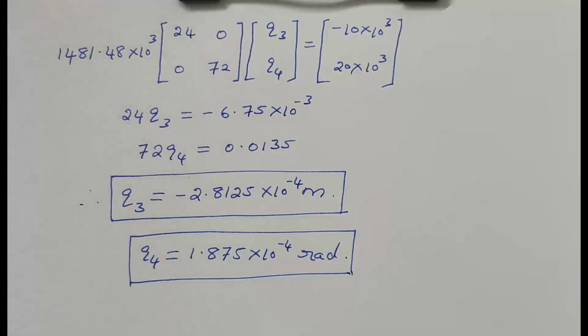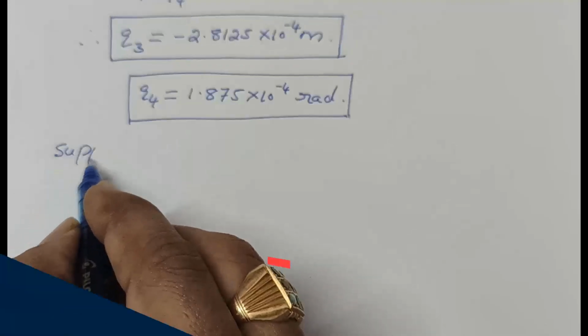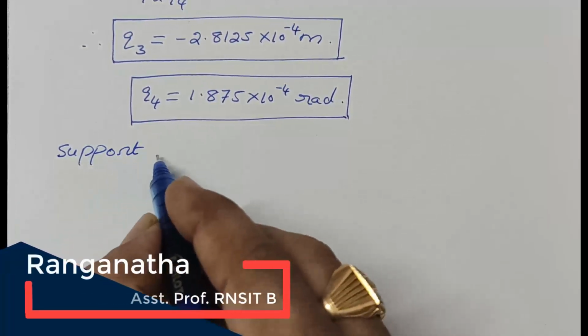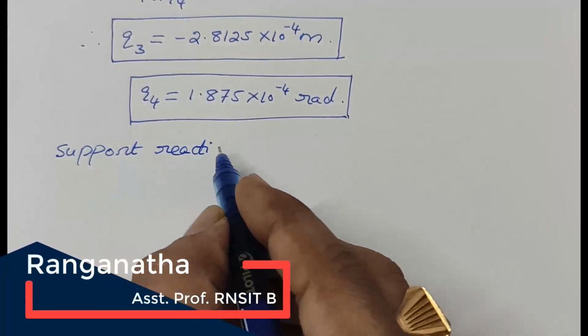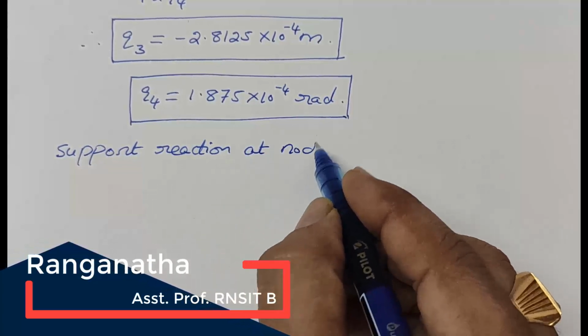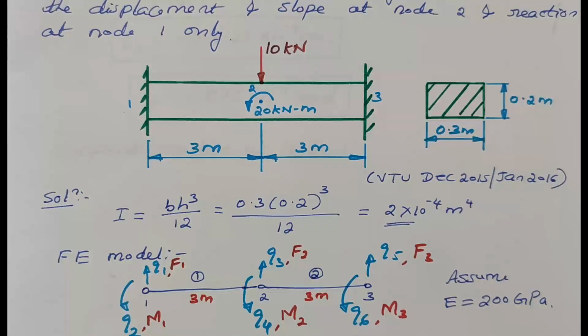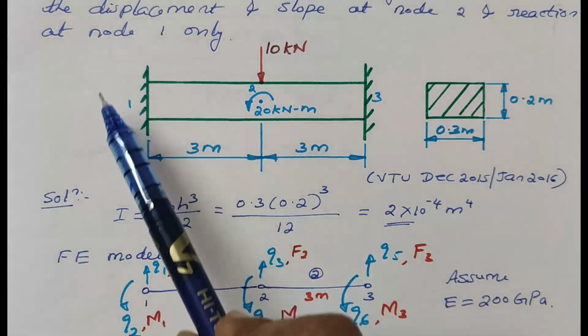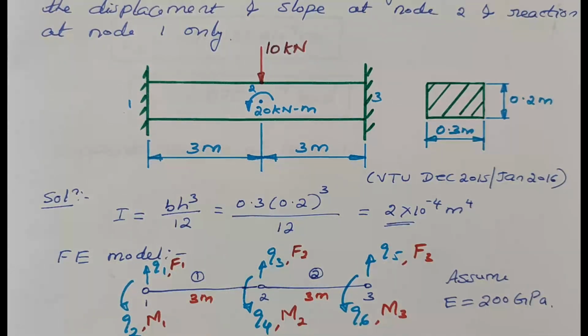Next we have to find out the support reaction at node 1. See, for a beam at the supports there will be two reactions. One is the reaction force and one more is the reacting moment. Here we will take R1 as reacting force and R2 as reacting moment.